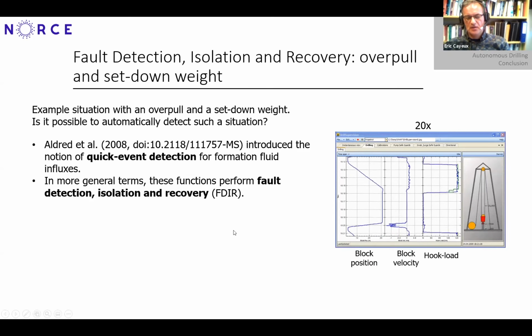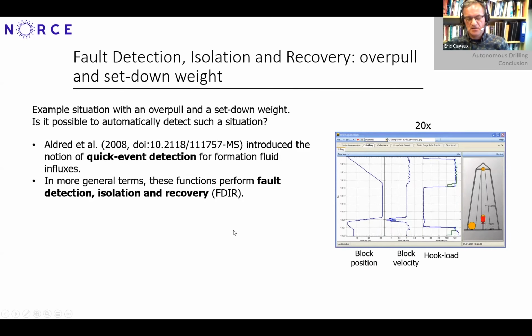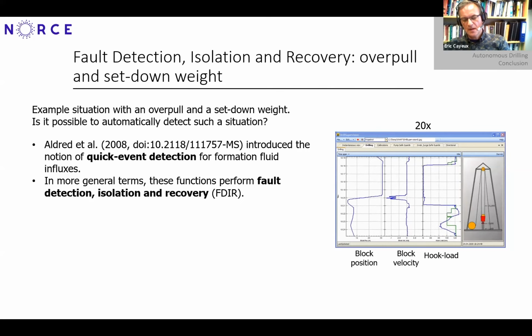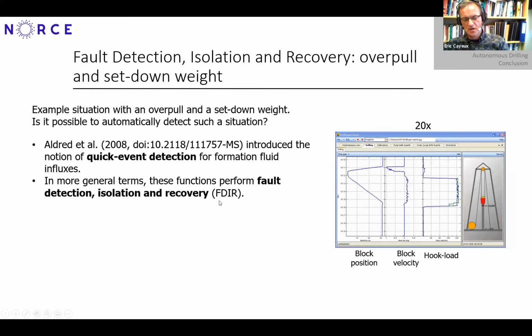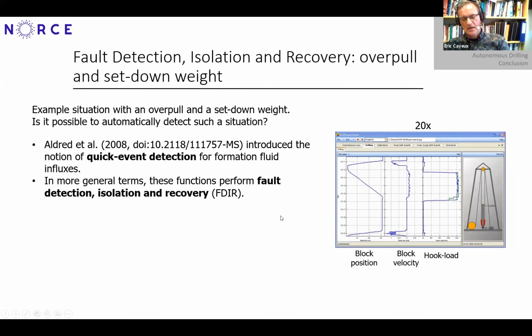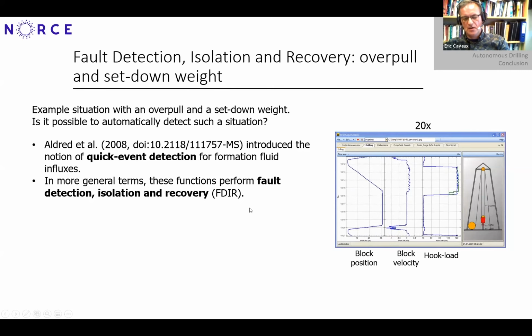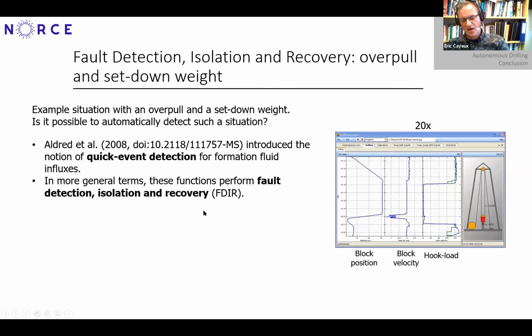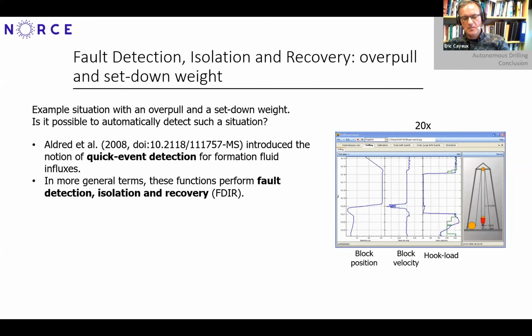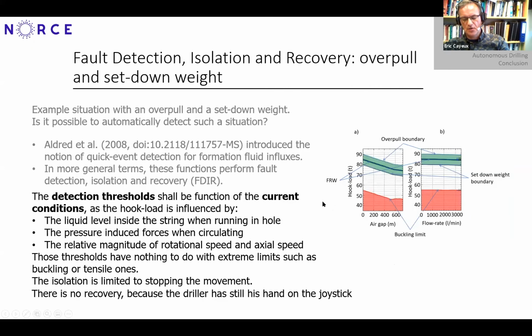This is typically what Walt Aldred has qualified as quick event detection. In more general terms, this is referred to as fault detection, isolation, and recovery, which is a topic in cybernetics. And basically, we have been working on developing different types of FDIR solutions, and one of them is about overpull and set-down weights.